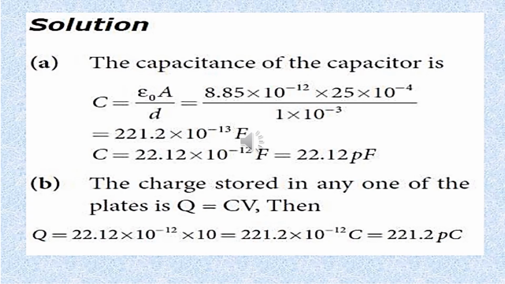Next problem. What is the charge stored in the plates? The formula will be Q, right? Charge is what we are looking for. Q equals capacitance multiplied by voltage, or Q equals CV.